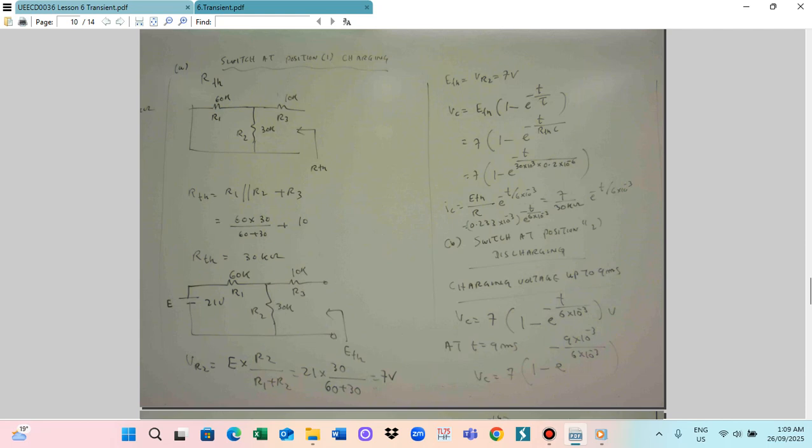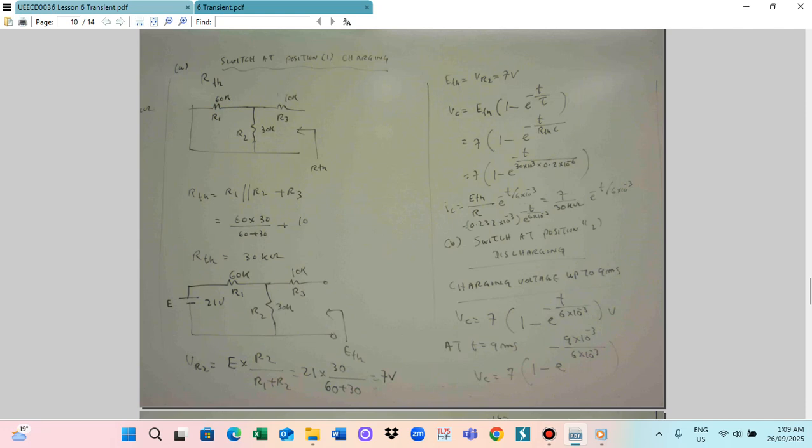So the problem asks for the VC. The VC you can calculate by the formula. The general formula is VC equal to E multiplied by 1 minus e power minus t by tau, and this is for the supply voltage only. For the Thevenin equivalent voltage, VC is equal to ETH multiplied by 1 minus e power minus t by tau.